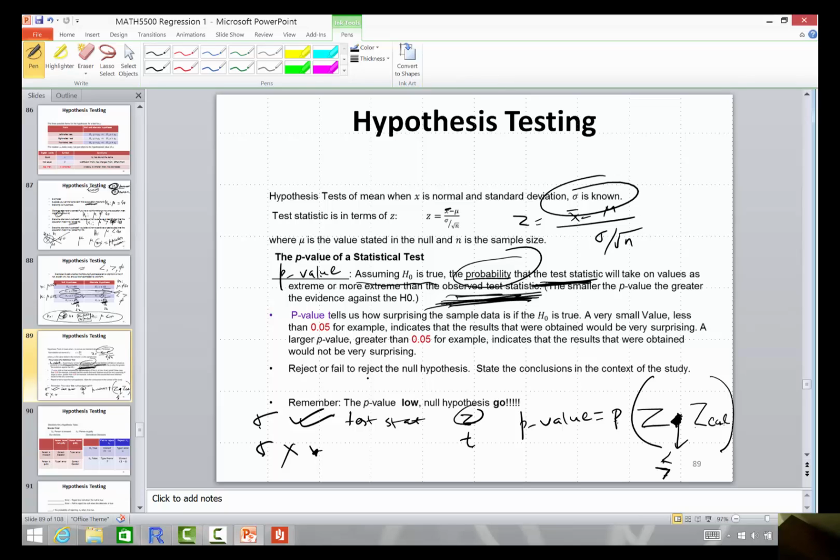So a larger p-value, greater than 0.05, for example, indicates the results that were obtained would not be very surprising. What that means is, if the p-value is small, if the p-value is low, the null hypothesis goes. That means whenever the p-value is smaller than this number, we reject the null hypothesis.